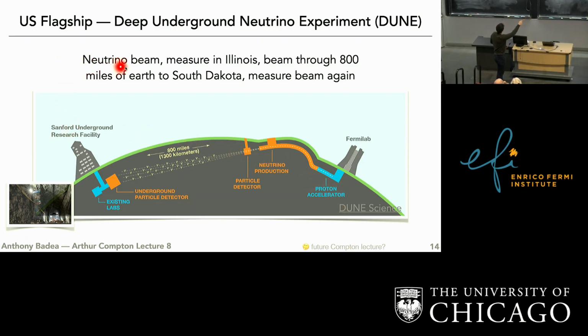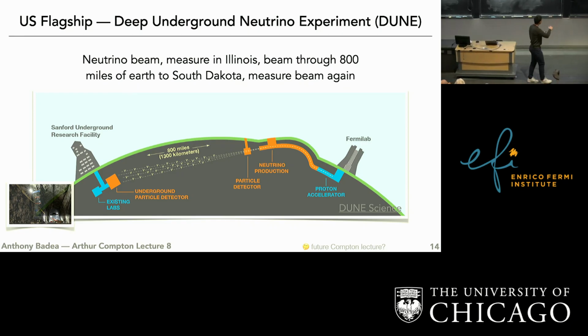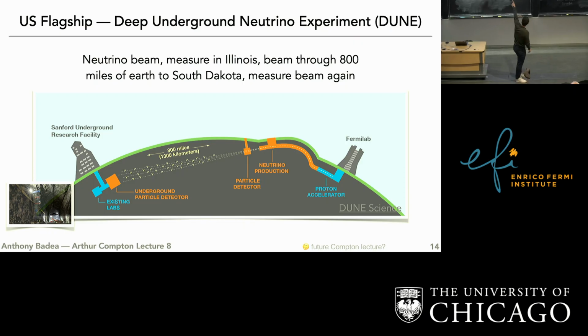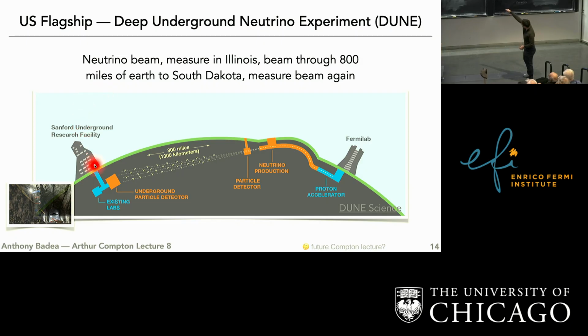But basically what this is doing is Fermilab, here in Illinois, is generating a beam of neutrinos. They're shooting protons onto a target, and then we get a ton of neutrinos coming out. That beam is being shot through the Earth, 800 miles, underground through rock, and then it's being detected again in South Dakota. There you have what used to be a gold mine, now having detector electronics inside of it.